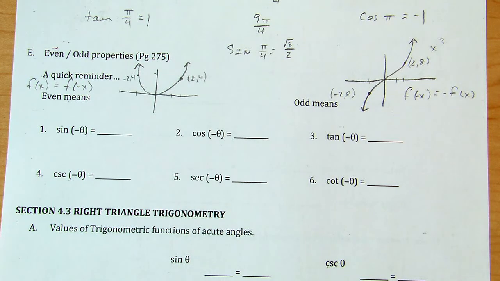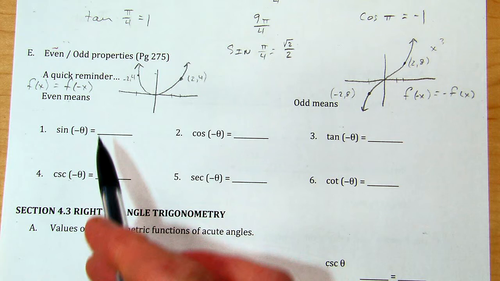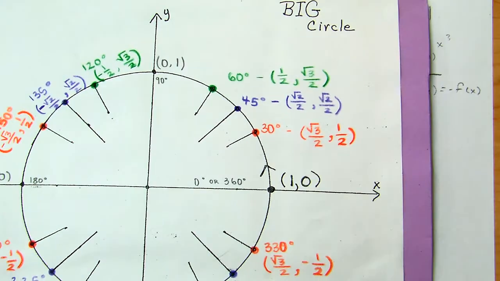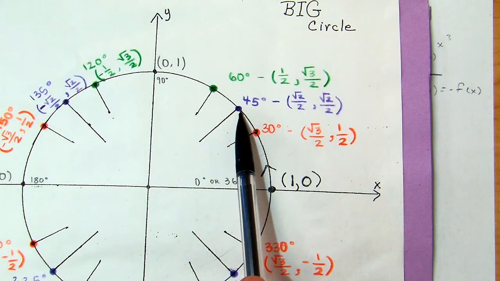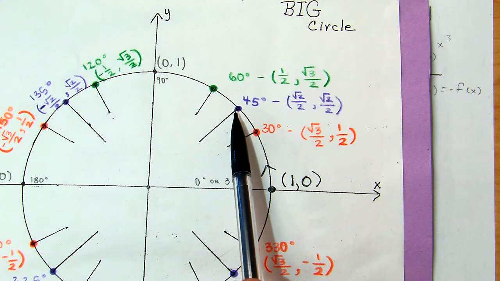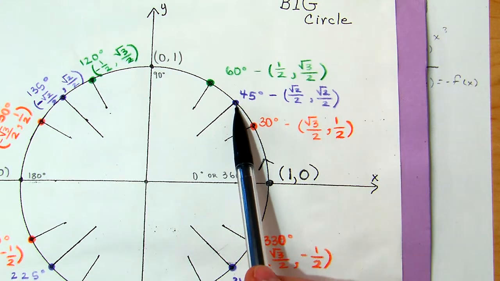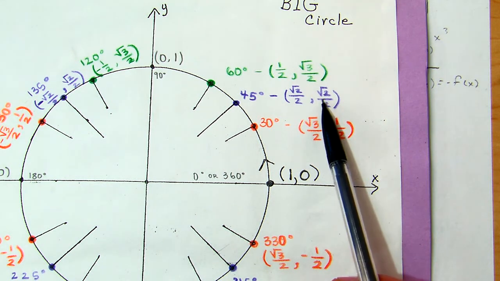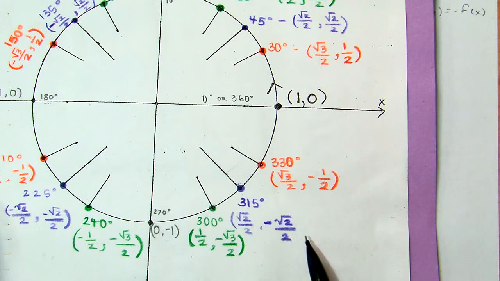Well, let's check this out. Let's think about sine for a second and figure out if sine is going to be even or odd. Let's think about a positive angle like 45 degrees. If I take that 45 and switch it to -45, instead of going up, we're going to go down. What happens to the sine value? Well, the sine value went from positive square root 2 over 2 to negative square root 2 over 2.